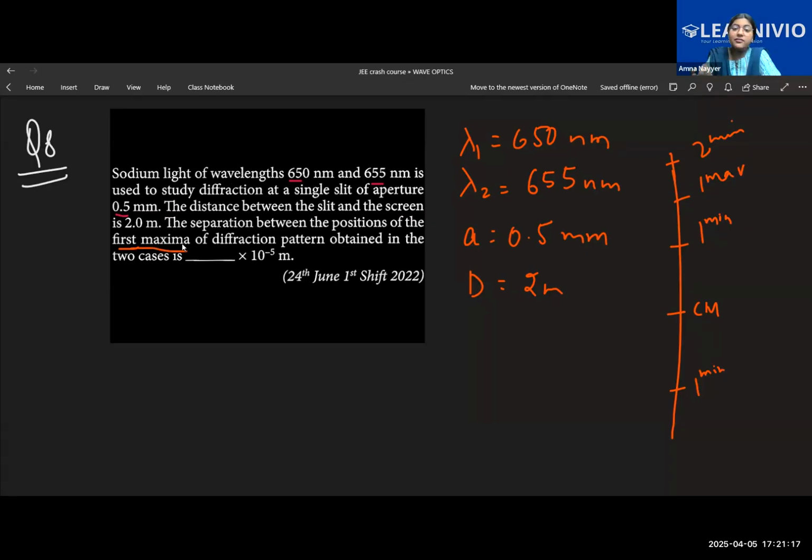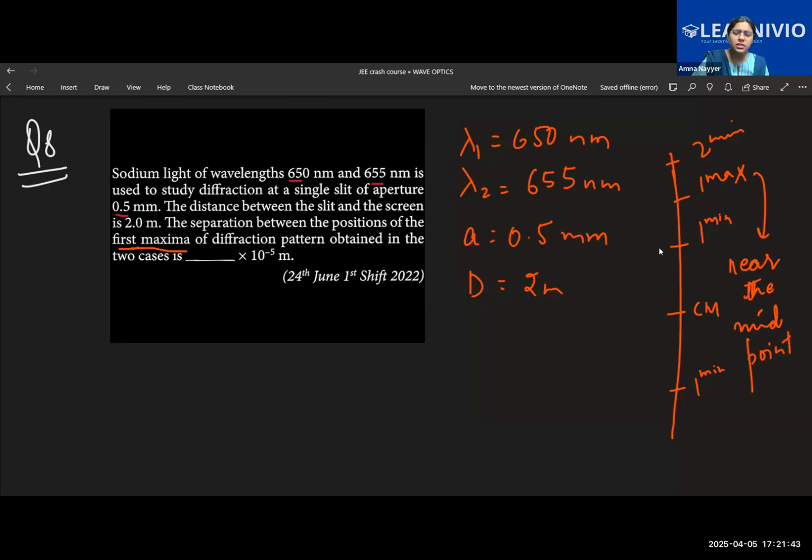We have no information on how to start, so we are going one by one. From the central maxima, these are the first minima. This will be the first maxima, which means it will be somewhere near the midpoint.